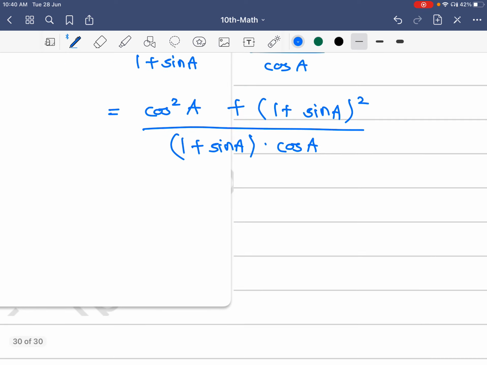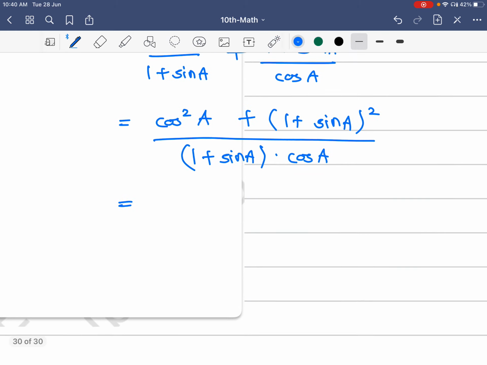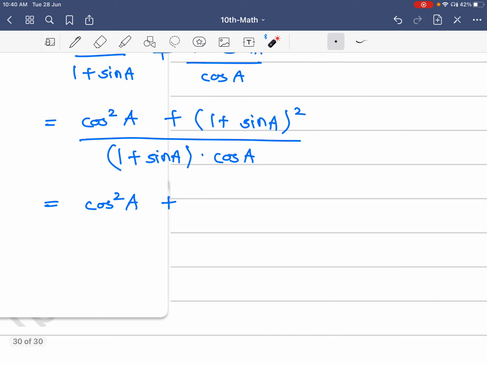Now let's focus on the numerator and let's try to solve the numerator. There's nothing to solve in the denominator, it's just this term into this term, so let's keep it as it is. So this is going to be cos square A, and we all know what is A plus B the whole square. I'm just going to make a note of that quickly.